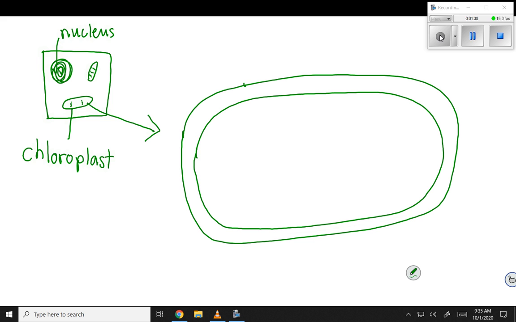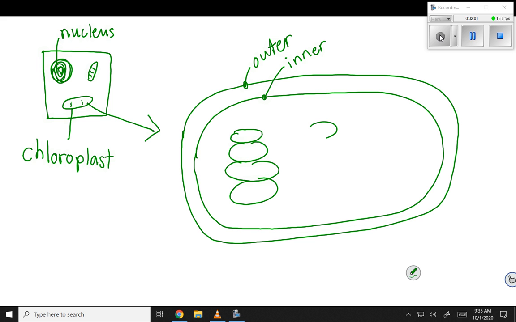So let's label this as the outer membrane, and this is the inner membrane. And then all of this empty space in here is full of discs called thylakoids. So that is one thylakoid, but then they always occur in a whole stack. They kind of look like a stack of pancakes, or maybe like those chips you use when you're playing poker, something like that.